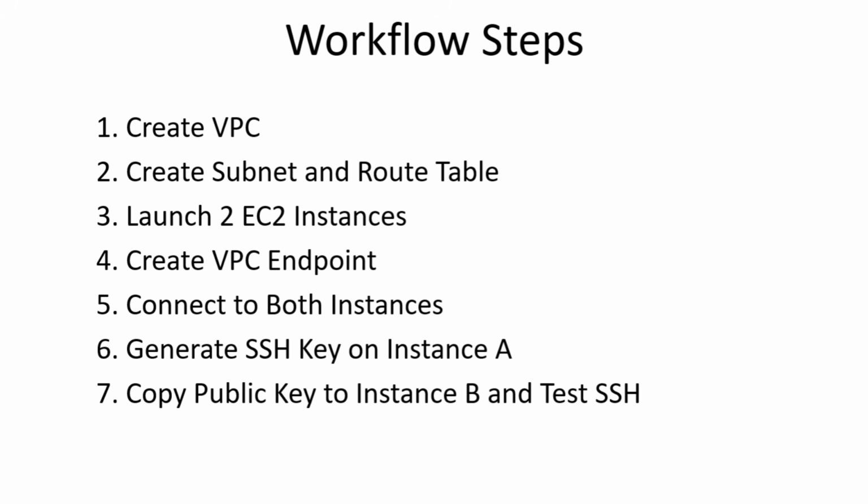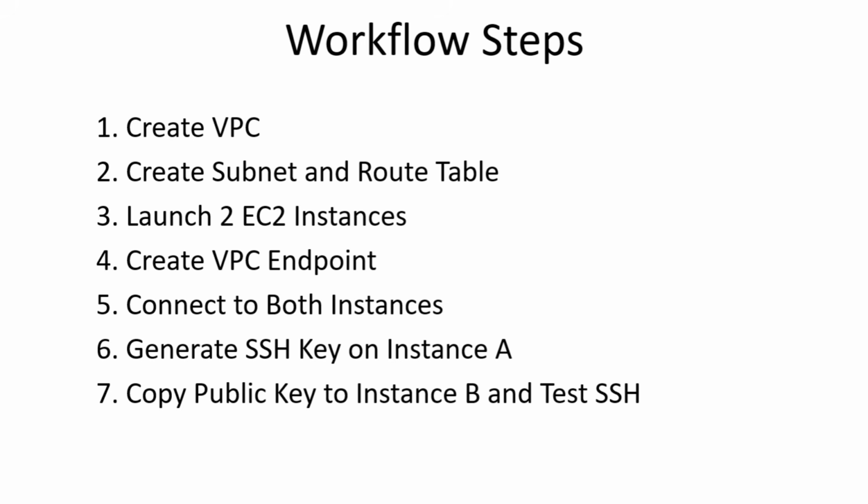Step 4. We'll create a VPC endpoint. This is the gateway that allows us to connect to the instances securely without touching the public internet. Step 5. We'll connect to both instances through the console using EC2 Instance Connect, verifying private access works as expected. Step 6.